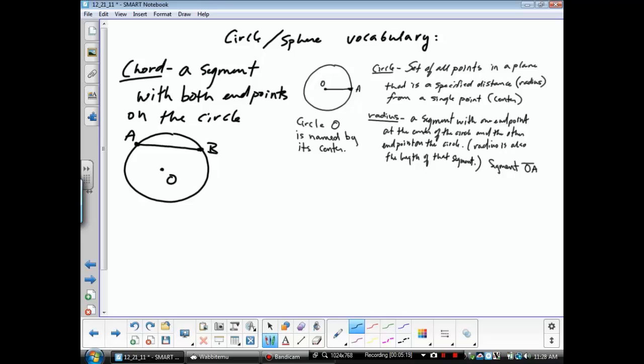Now, we have a special name for the chord that goes through the center of the circle. The chord that goes through the center of the circle is a diameter.